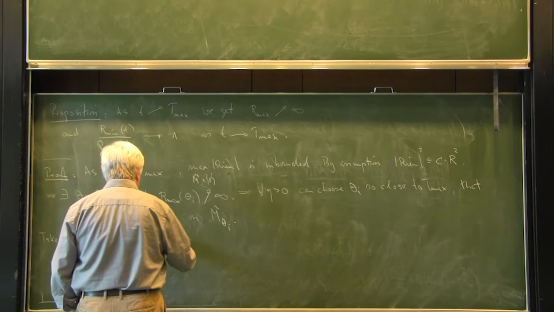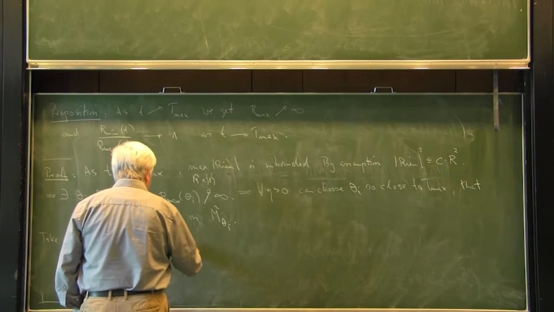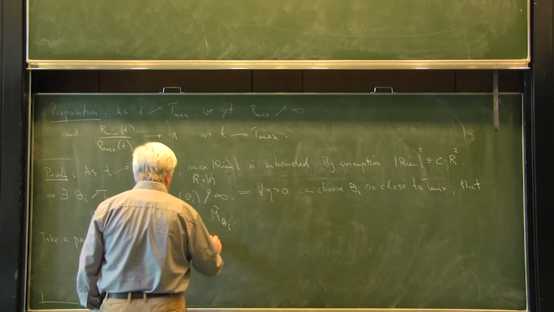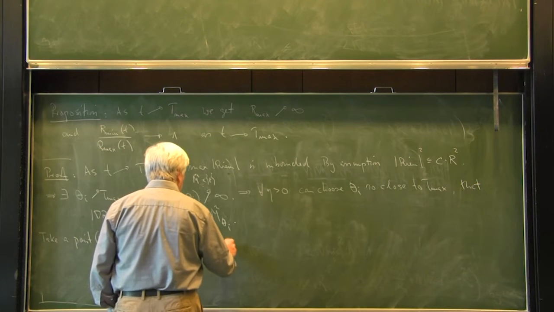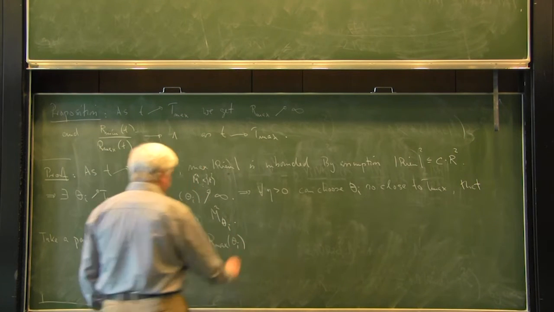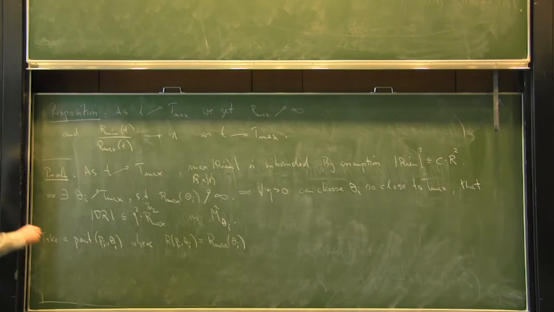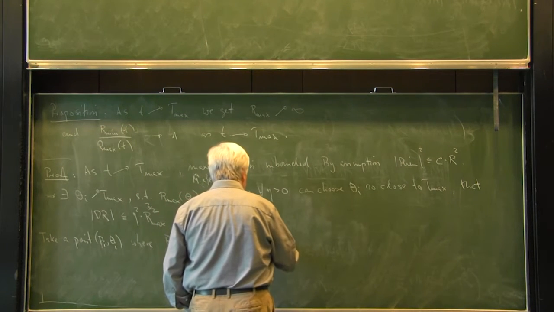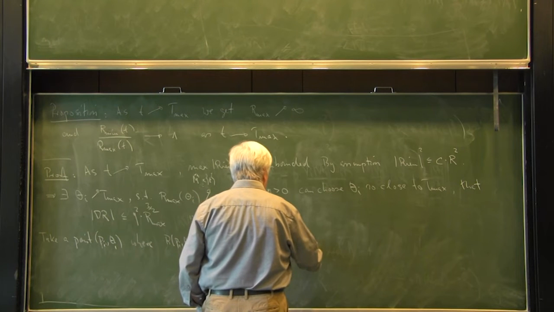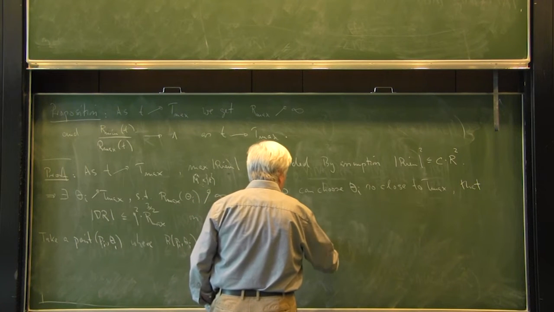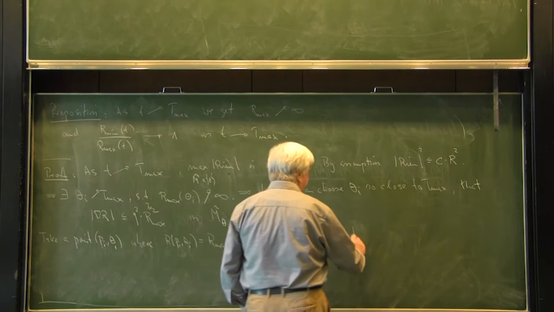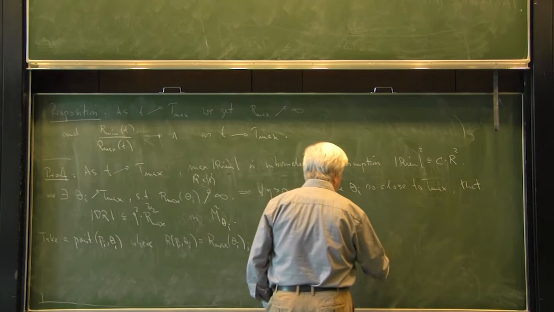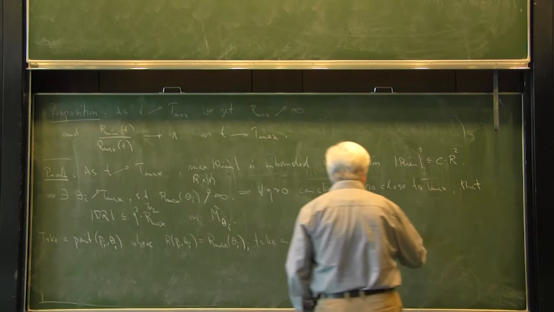So the scalar curvature at p at time theta_i is the maximum at that time. And then let's see how quickly it can fall off. So let's take any geodesic gamma starting at p.